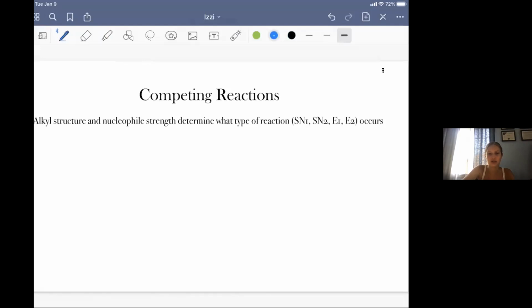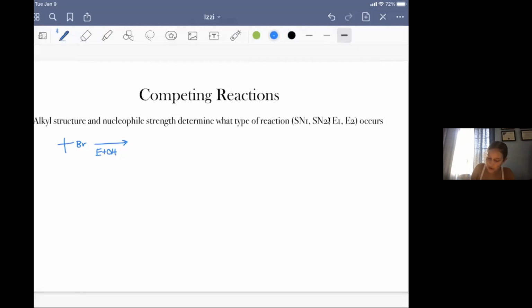So again, we're going to use our classic example of tert-butyl bromide and ethanol solvent. So we'll start with this. And here's our ethanol. And like I said before, we can expect both an elimination product and a substitution product.